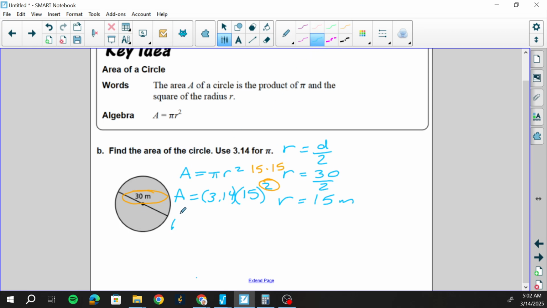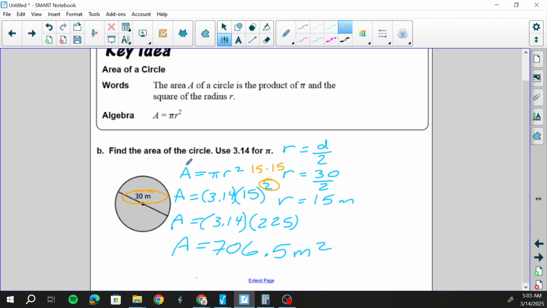So we go area equals 3.14. 15 times 15 is 225. We multiply 3.14 by 225. And that yields 706.5, and that's meters squared.